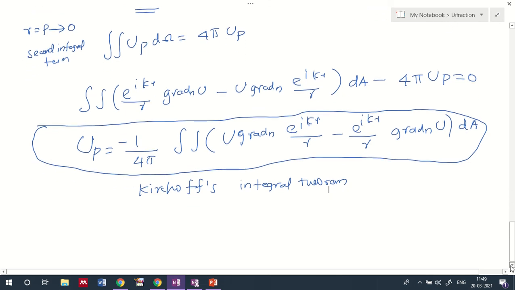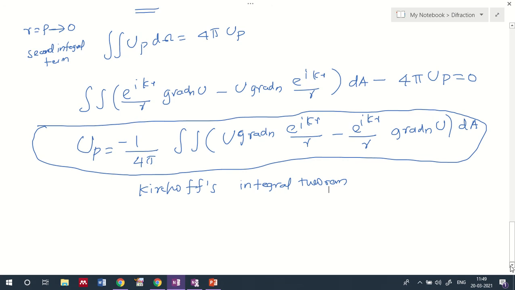Now what is the Kirchhoff integral theorem saying? The value of any scalar wave function at any point P inside an arbitrary closed surface is related to the values of the wave function at the surface.